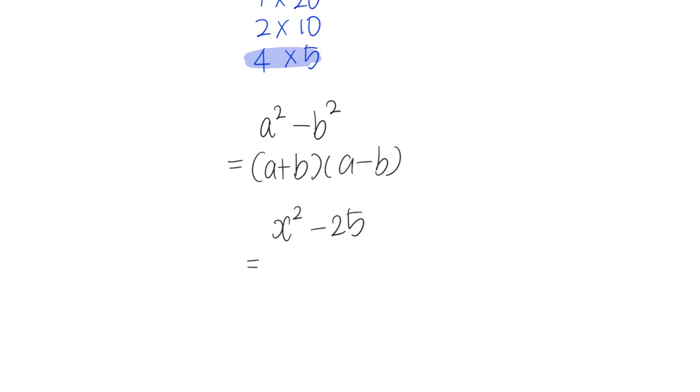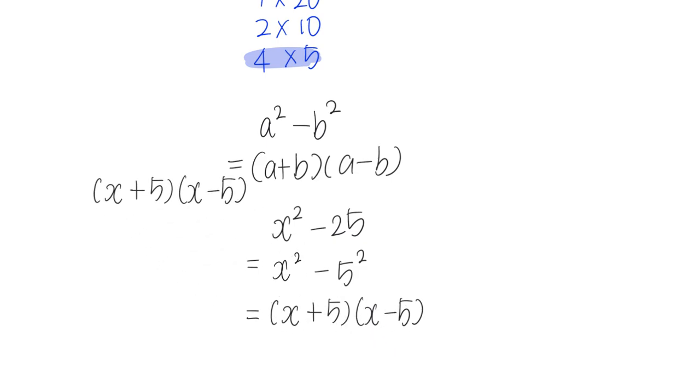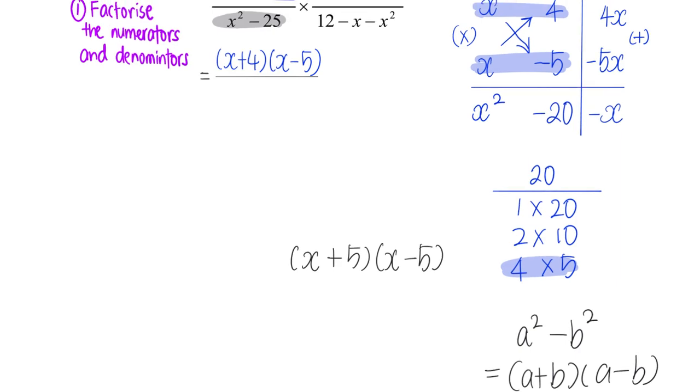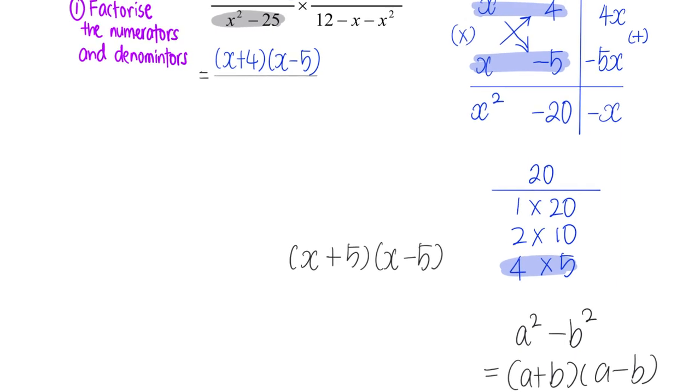So I could rewrite x squared minus 25 as x squared minus 5 squared. Once I do that, you can see that I could substitute a as x and b as 5. And I've gotten my factors here.